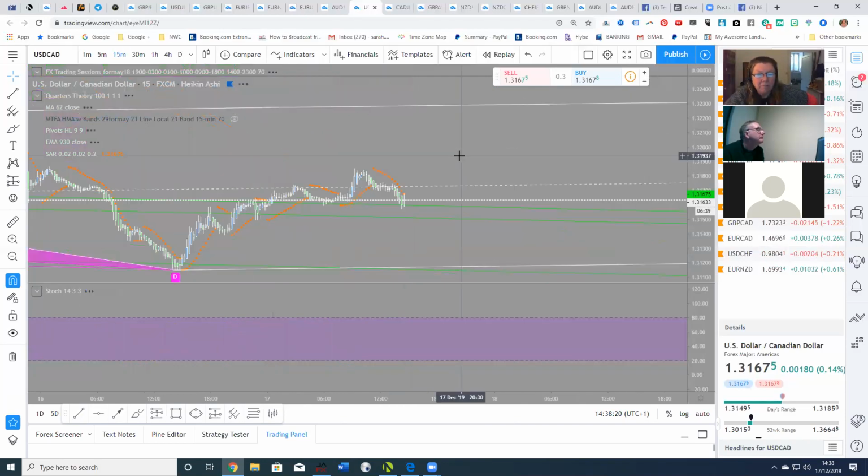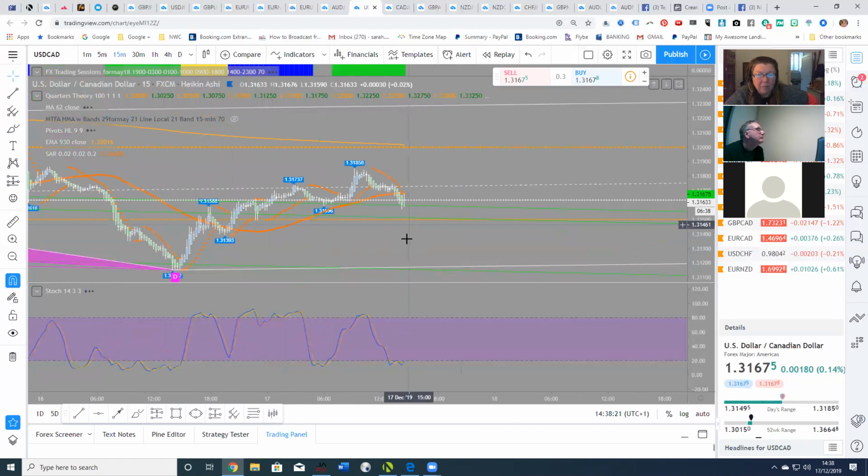And on the 15-minute, it has bottomed out, wicky candle, waiting for the SAR flip. I think that's better off as a buy situation, looking for the SAR to flip on the 15-minute for 5 to 10 pips. I think it will probably go for more, up to quarter theory, but it's not saying that on BYOB on the hourly.